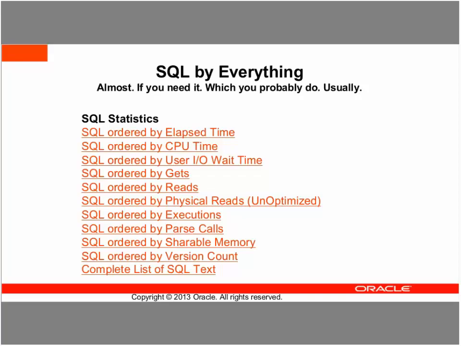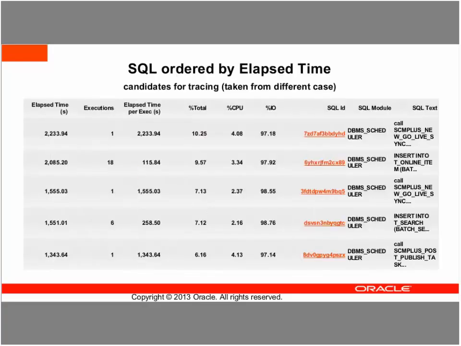But if you had DB CPU as a high timed event, then you would expect elapsed time and CPU time to contain the offending SQL as a top SQL statement. So that's the key there. And if you read the notes that I included in this document, it should clarify that for you.